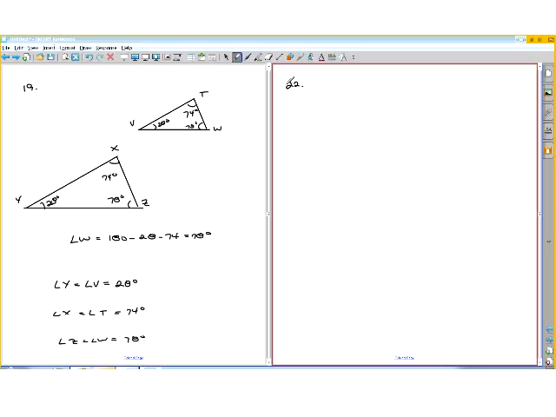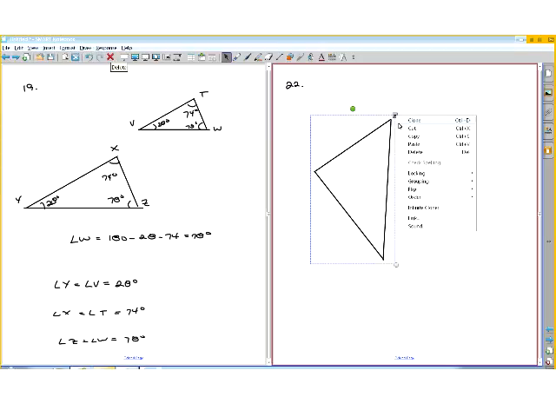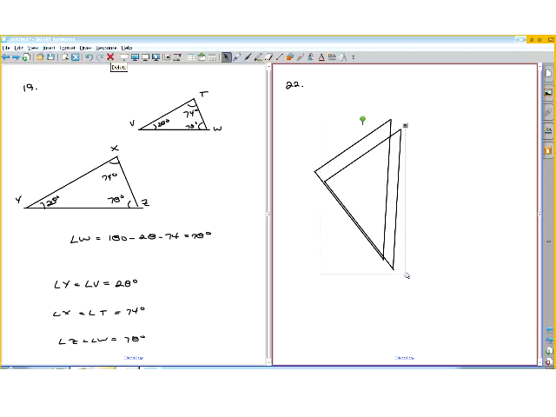Okay, number 22. Similar kind of problem. Just got to figure out which angle goes with which thing. So let's see, I'll draw these. So we get the bigger triangle here. It's a right triangle, so let me go ahead and try to draw this as a right angle. Okay, so now what we'll do is we will create that. I'm going to clone it.